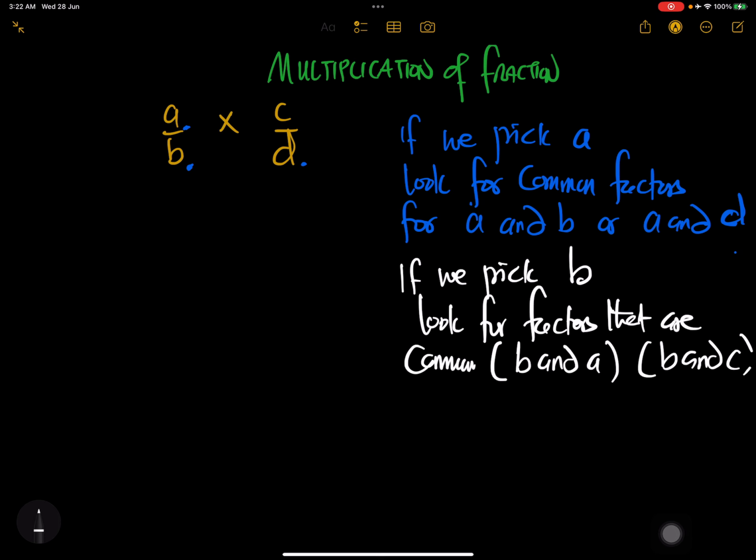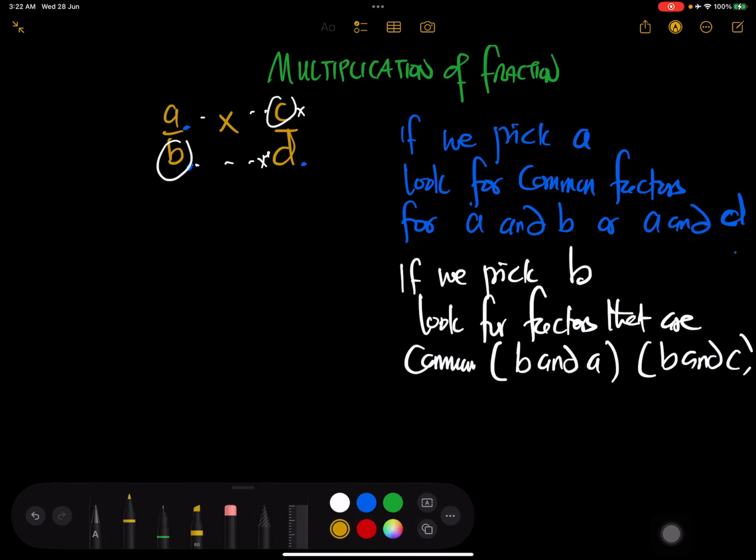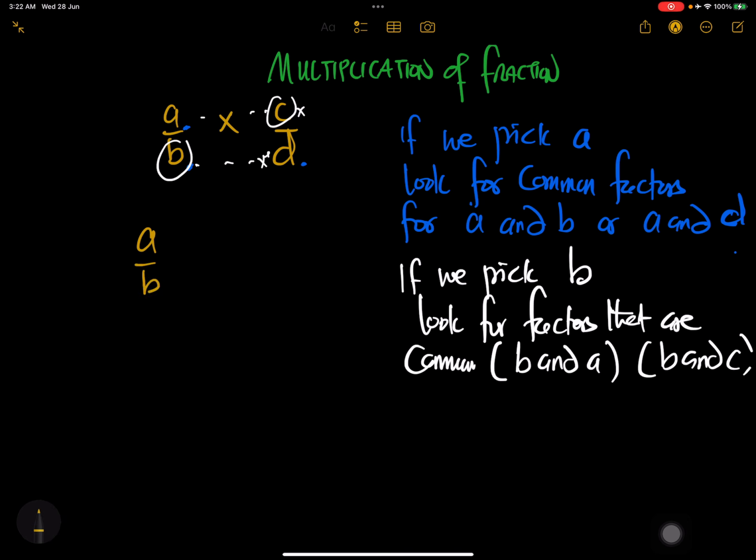If you pick A, you have to ignore the C. If you pick B, you have to ignore this D. Basically, if we are looking at A over B times C over D, we pick one of the letters, and then we look out for common factors with the numbers that are not on the same line as the number that we have picked.